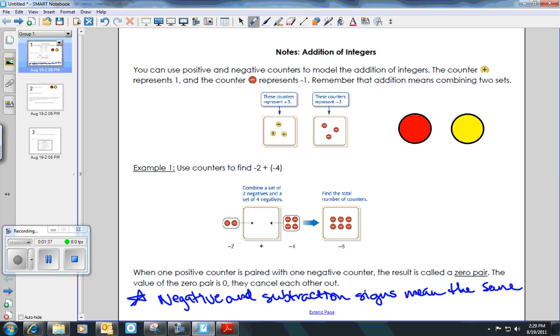Now we'll be talking a lot more about this when we do our subtraction of integers. But I just want to get it in your mind that the negative sign and the subtraction sign mean the same thing. They both mean the opposite of. So when we have a +1, the opposite of that is the -1. In other words, if I give you something, you have added 1 to your collection, a +1.